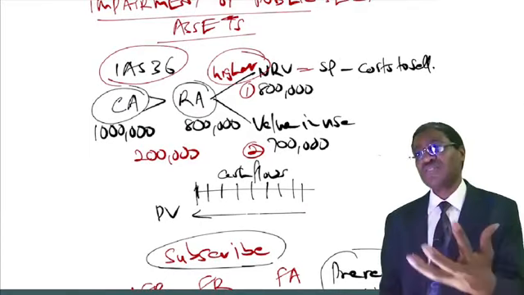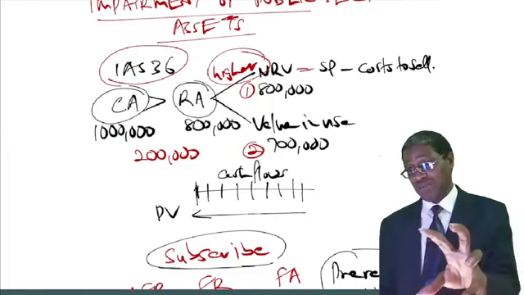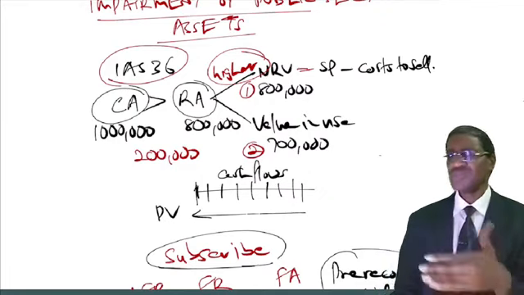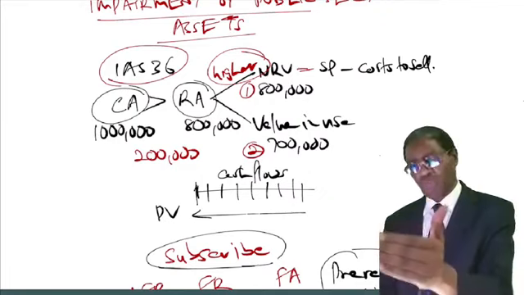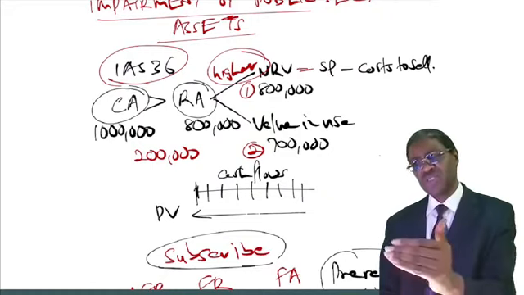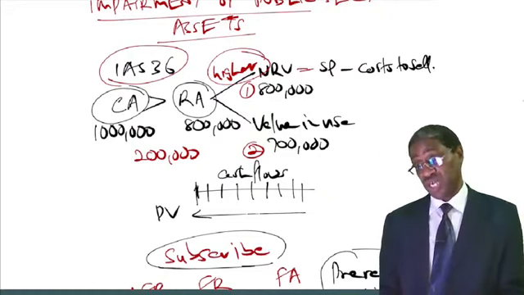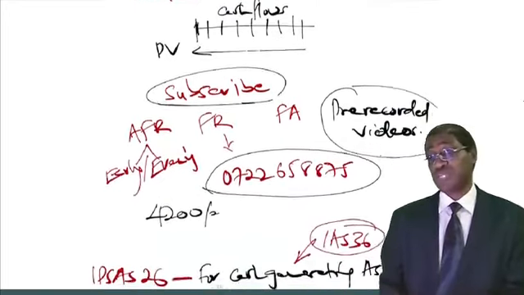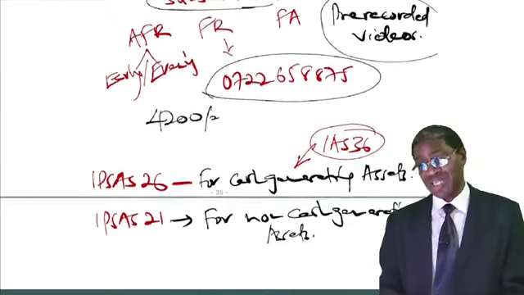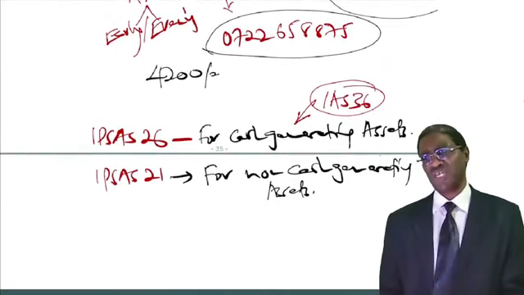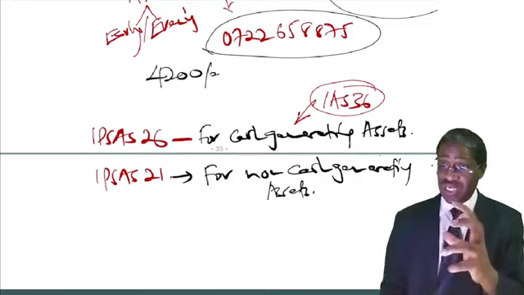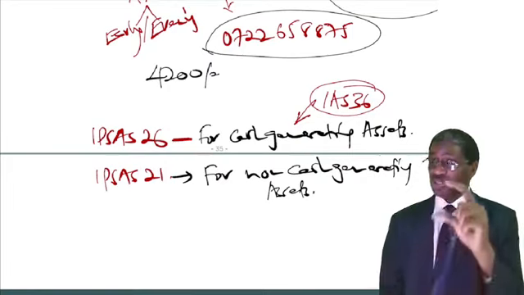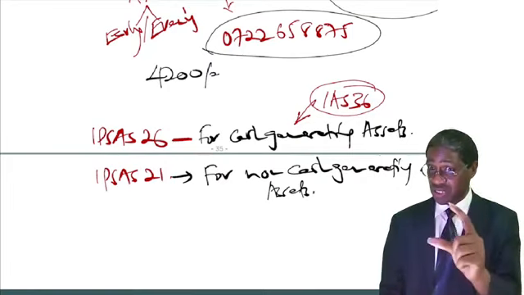If the carrying amount is higher than the recoverable amount, then the asset is said to have suffered an impairment loss. Get the recoverable amount by comparing the net realizable value with the value in use. So that's all I can say concerning IPSAS number 26: the same concepts are applied as those used in IAS number 36, which I've reminded you of.